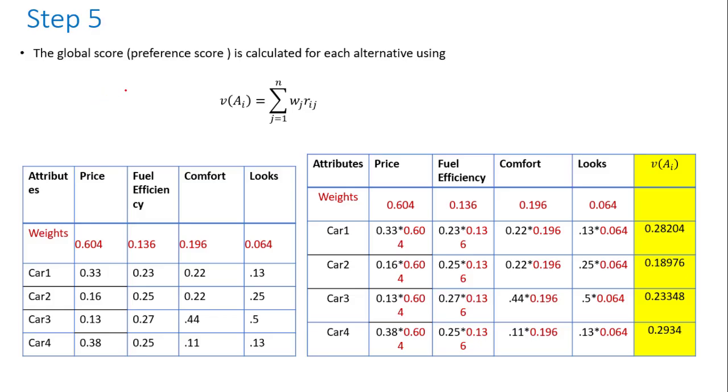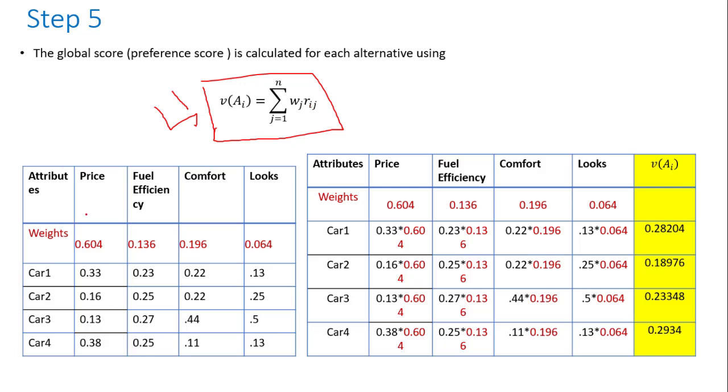Now step number 5: we will calculate the global score or preference score on the basis of this formula. V of Ai, for that alternative, is equal to the summation over j equal to 1 to n of wj rij, where rij is the normalized value.